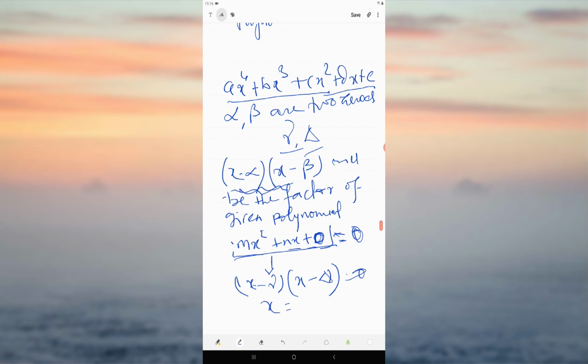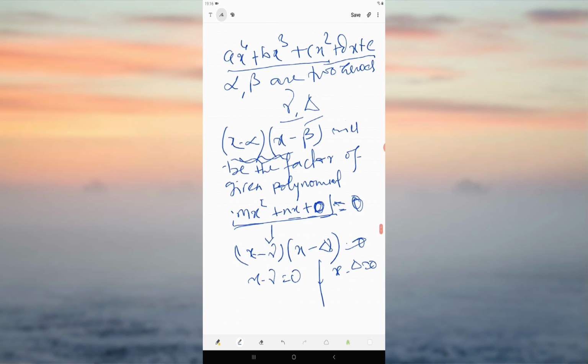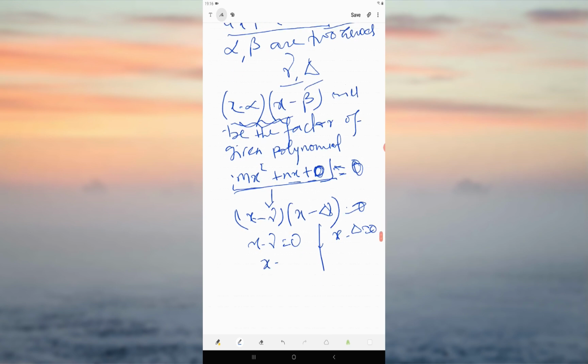So either x minus gamma is 0 or x minus delta is 0. If x minus gamma is 0, then x equals gamma, and if x minus delta equals 0, then x equals delta.